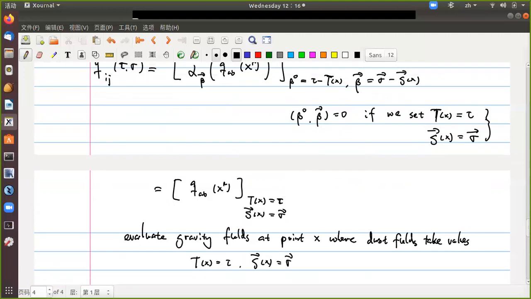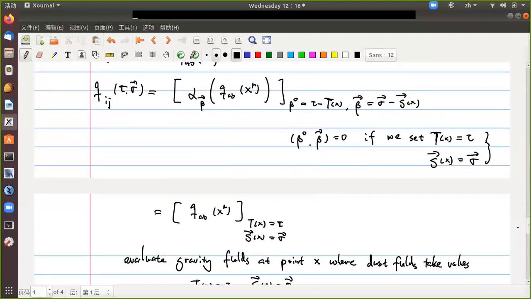And this is gauge invariant, because no matter what, you define this Qij of tau and sigma this way. If you make a coordinate transformation of x, it doesn't change the value, because when you make the diffeomorphism on your manifold, which changes x, the dust field changes in the same way, right?